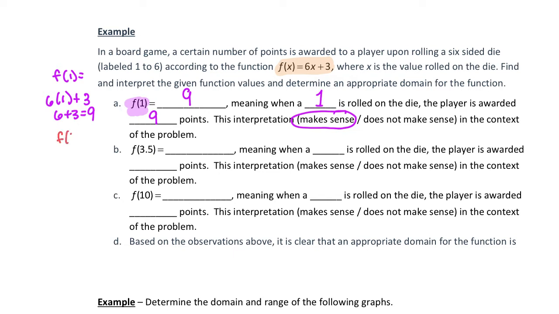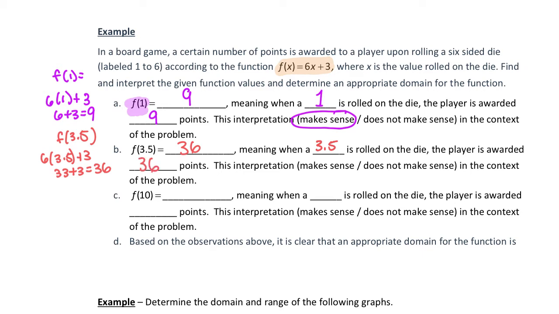So for this one, f of 3.5 is going to be 6 times 3.5 plus 3, which is going to be 33 plus 3, and that's 36. So this equals 36, meaning when a 3.5 is rolled on the die, the player is awarded 36 points.